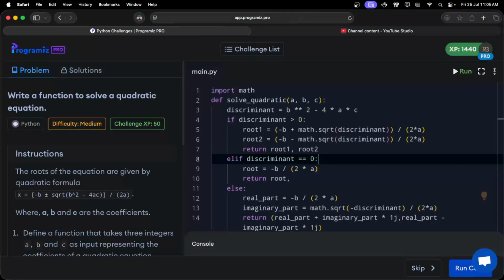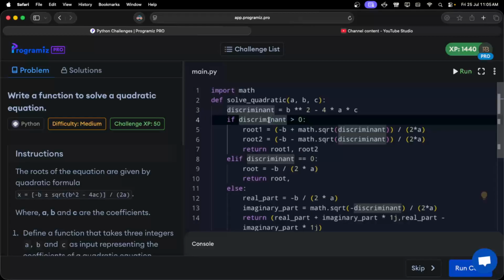Basically what we did over here was we have 3 different scenarios that we are handling for. So the positive part is there, and then the negative part is also there, right?